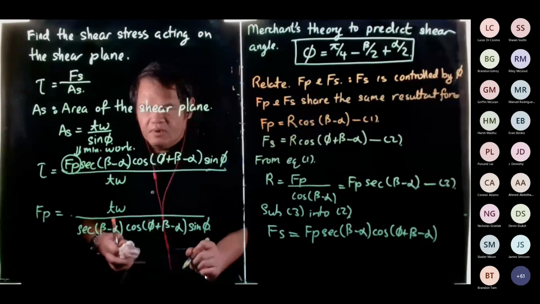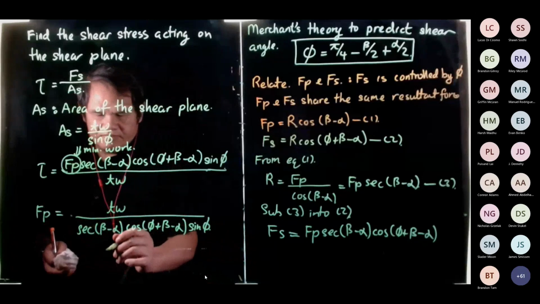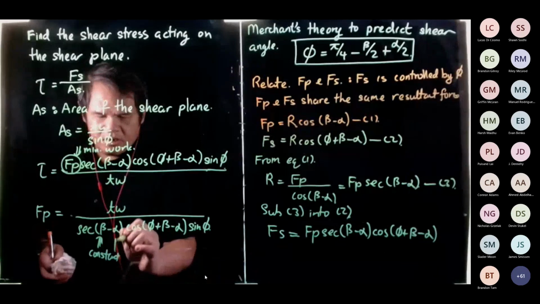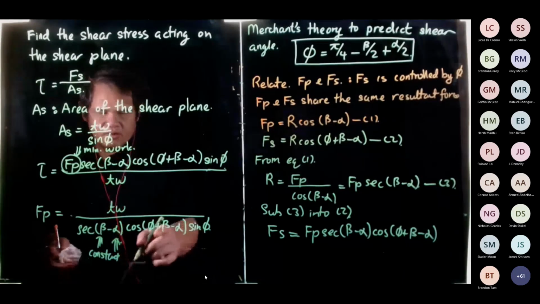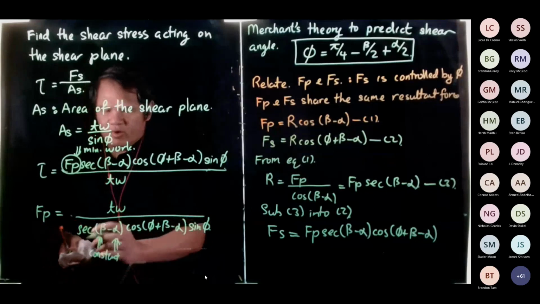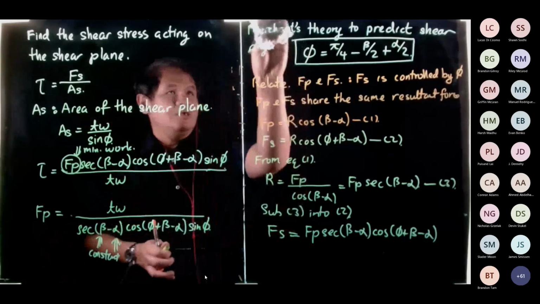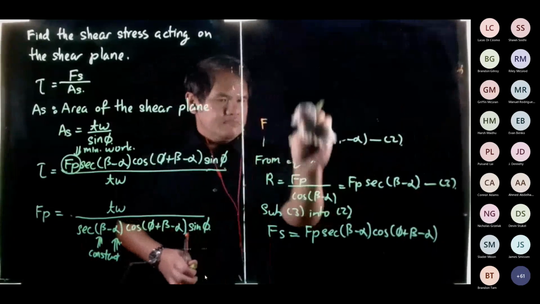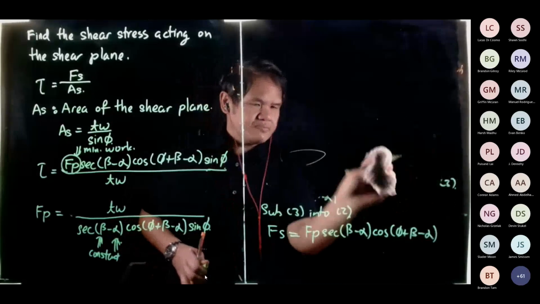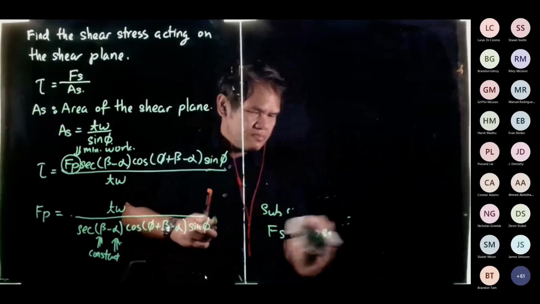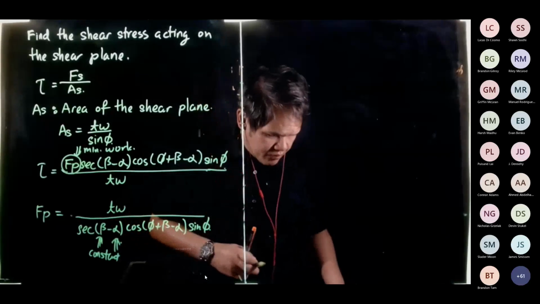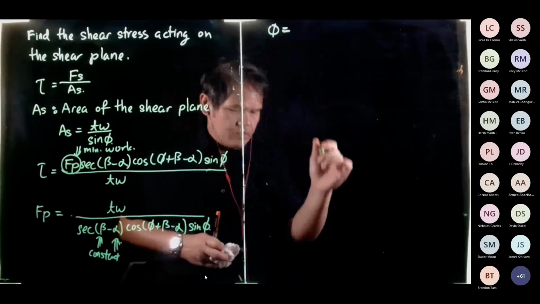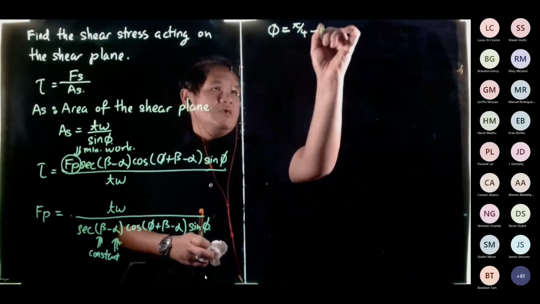Okay. Based on his assumption that he made, right, this is a constant. Shear rate angle is also a constant, right? So these are the only changing terms. So this term will not change at all. And if you were to see, no, I just rub off the equation. So let me see, we are trying to prove that phi is equal to pi over 4 minus beta over 2.